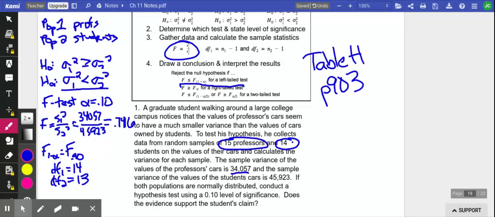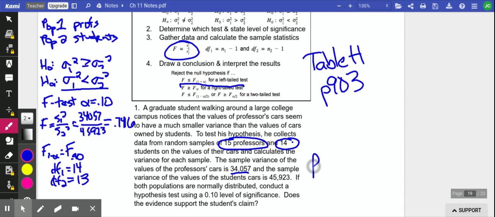So we're going to go to our table, and we are first looking at the top. On page 903, it has critical values of F, and at the very top, it says 0.995. We don't want that one. We want to turn several pages to 0.90, which is going to be a ways. Oh, I think I finally found it. It's actually on page 915.